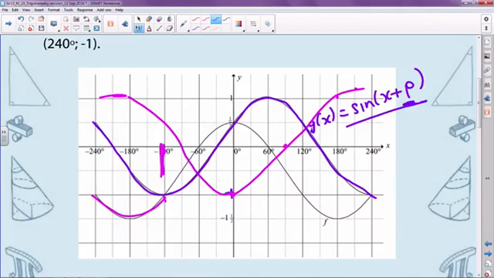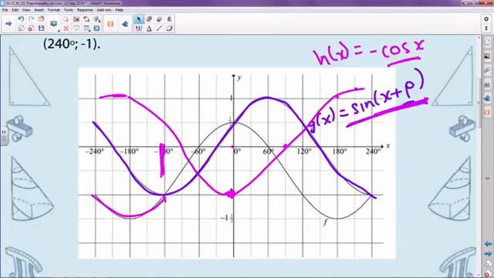For me, the most obvious point to look at is the y-intercept. So I can see that my negative cos x graph, so h of x is equal to negative cos x, has a minimum value of minus 1 at 0 degrees. Now, in order for this sine graph to transform and look the same, you will see that it needs to move, right?